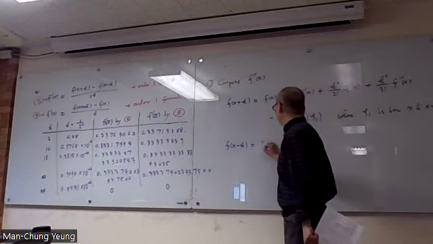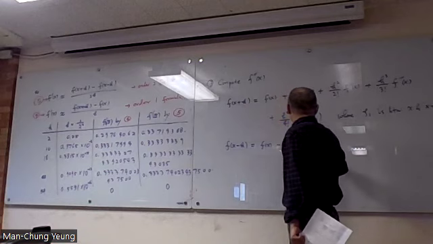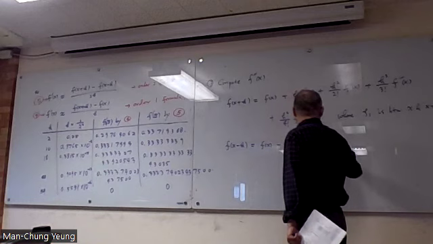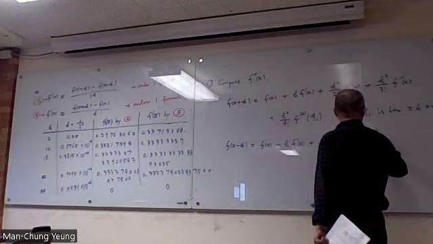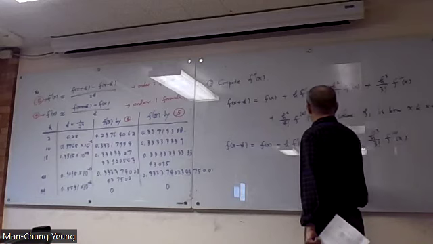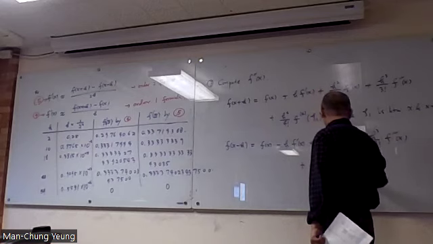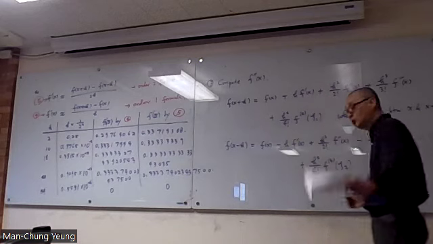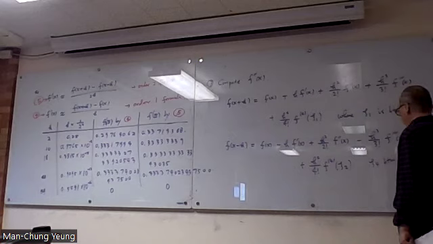So again, minus, plus, minus, then the error term, the fourth derivative evaluated at psi 2. What is psi 2? I don't know. I just know it is between x minus h and x.